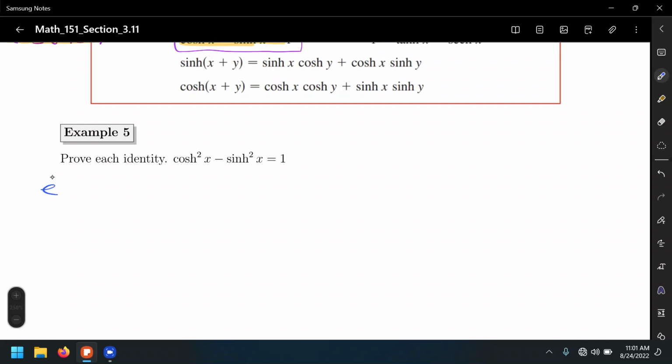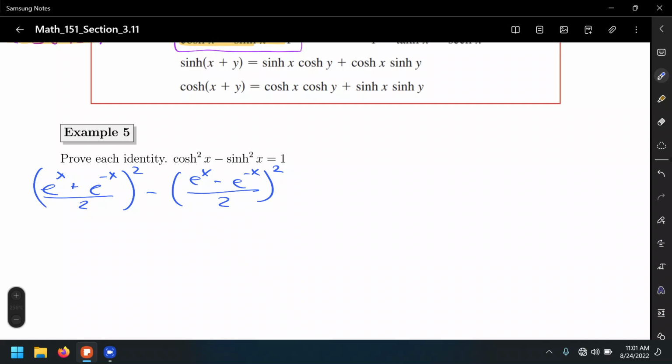So recall that the cosh function is e to the x plus e to the negative x over 2, and then minus e to the x minus e to the negative x over 2, quantity squared because of the powers of the hyperbolic functions. While both identities look the same except the sign, cosh has a plus in the middle and sinh has a minus in the middle. That's how we distinguish cosh from sinh.